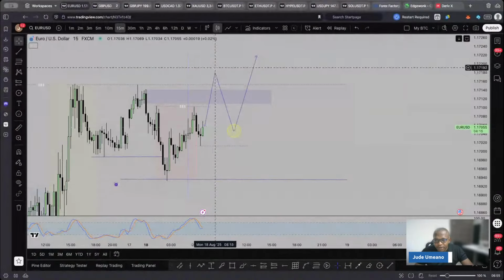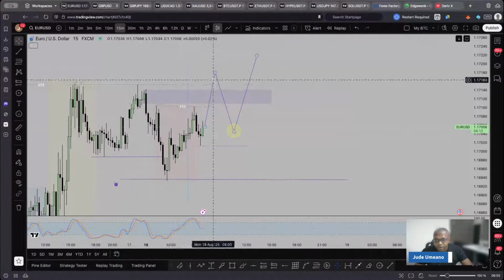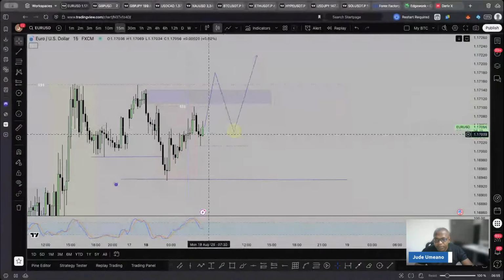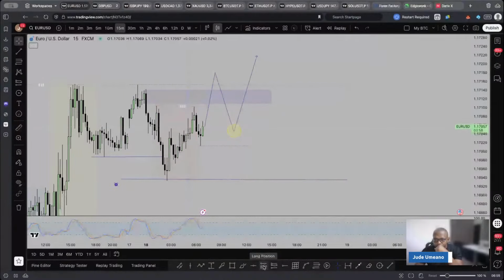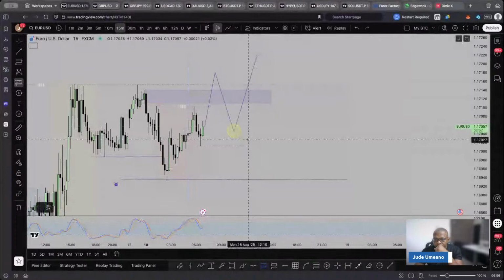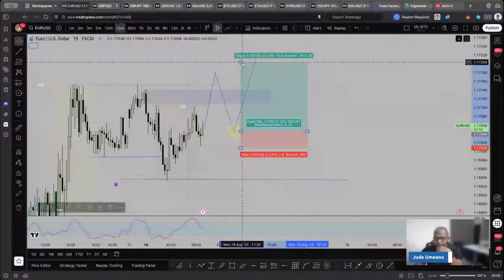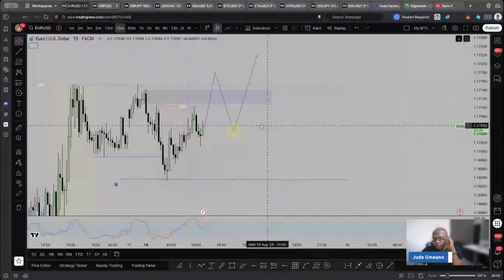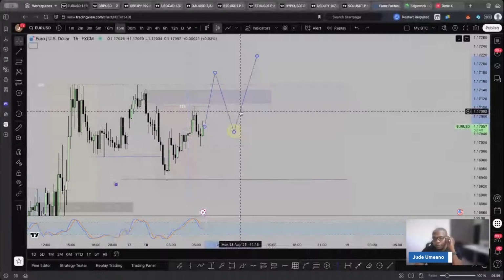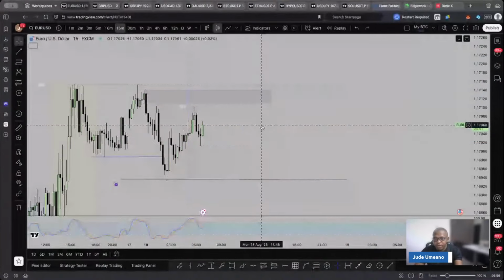So if we have a break this way, sweeping out this liquidity with a proper break, I want to look for a demand zone at the bottom and simply place a long position from that point and go higher to this point. So this is what I'll be looking at for day trade for Euro USD.